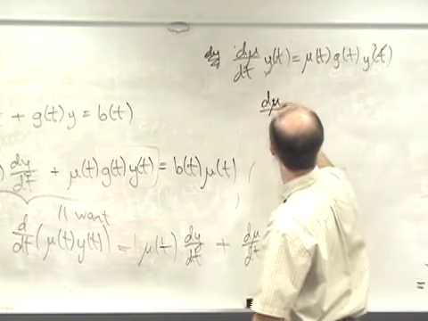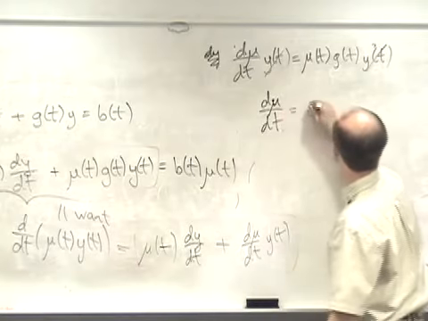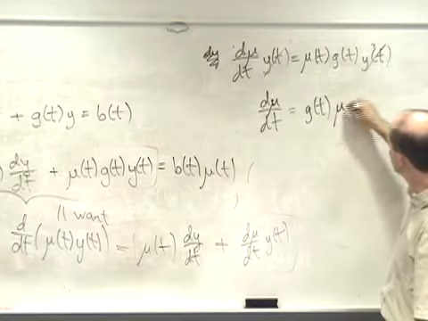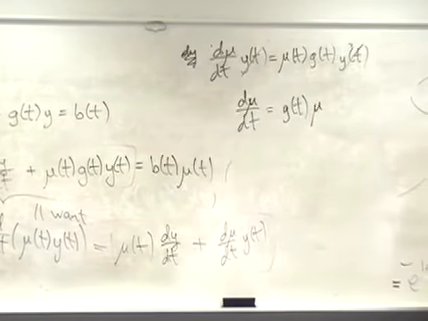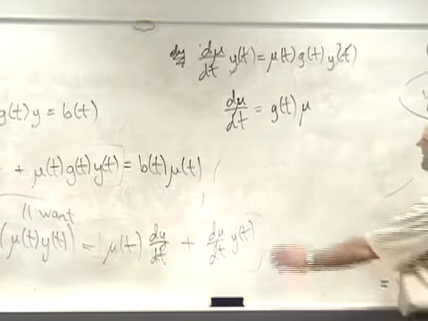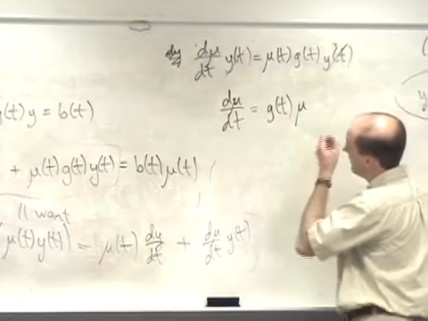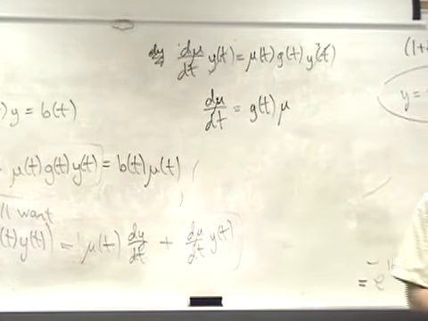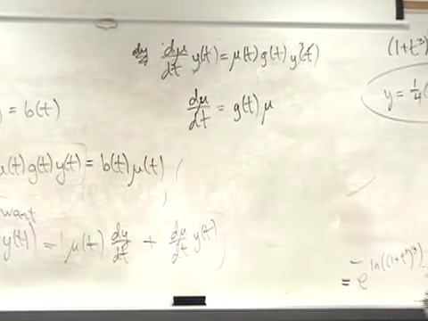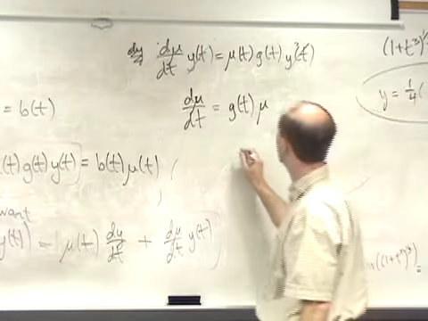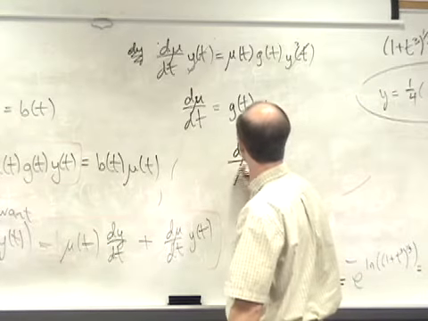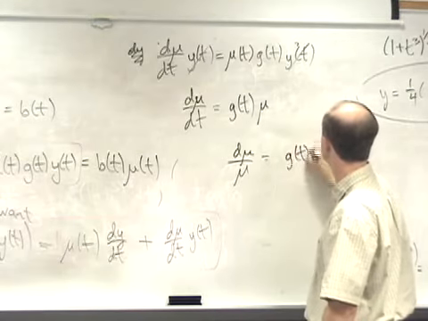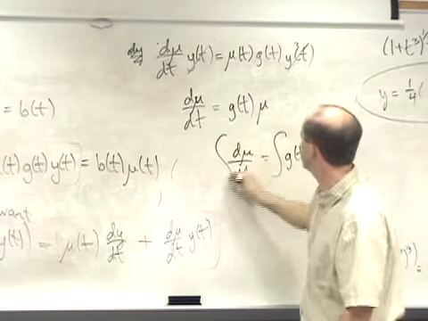We want d mu dt to be equal to g of t times mu of t, and then writing this in the usual differential equation form, and not putting an of t there on the right-hand side for the dependent variable, I realize that this is a differential equation that I can solve for mu. In fact, I can separate variables. I can write it like this. Divide both sides by mu, multiply both sides by dt, and integrate.